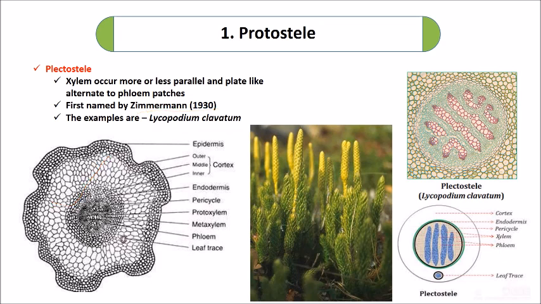Here it is mentioned that this is the leaf trace, and these are the phloem, metaxylem, protoxylem, pericycle, endodermis. This is the cortical region and this is the epidermis. This is the natural photograph of Lycopodium clavatum, and this diagram shows the xylem in plate-like structures, and these are the phloem.